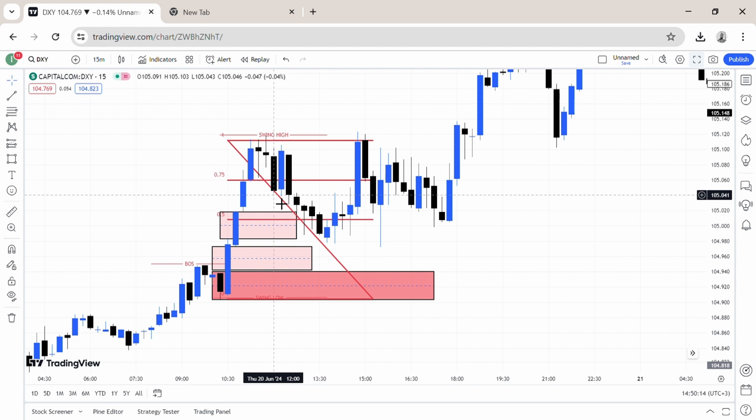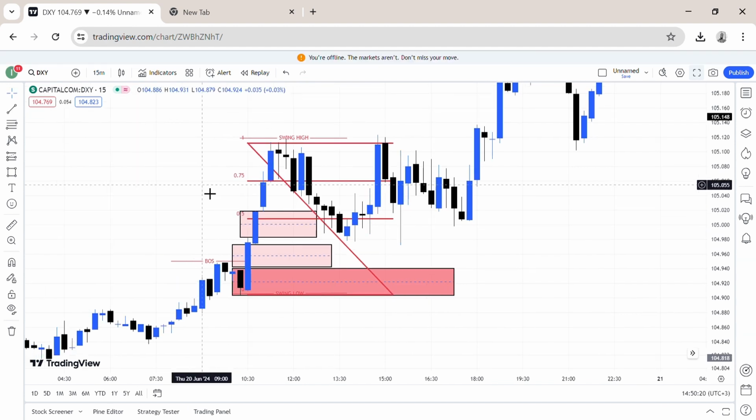Okay. When you see this gap, it's almost confusing. It is at the premium, and part of it is premium, part of it is discount.